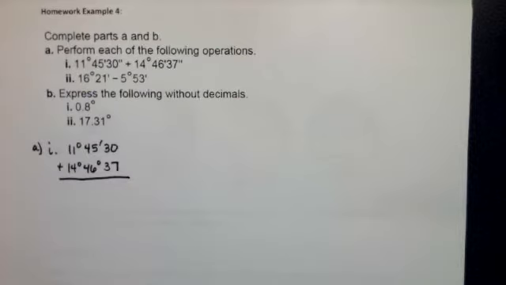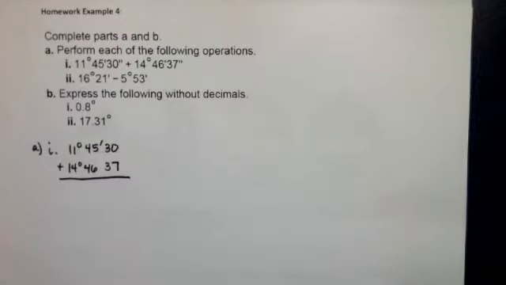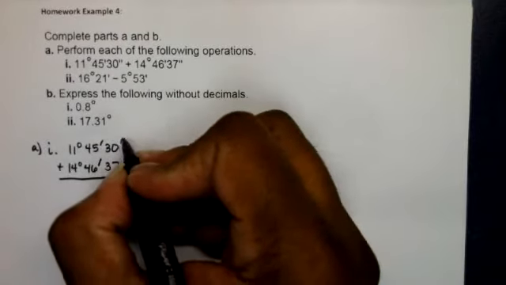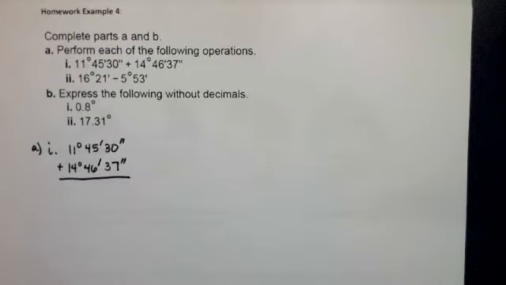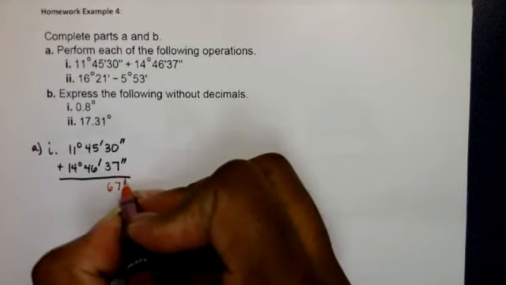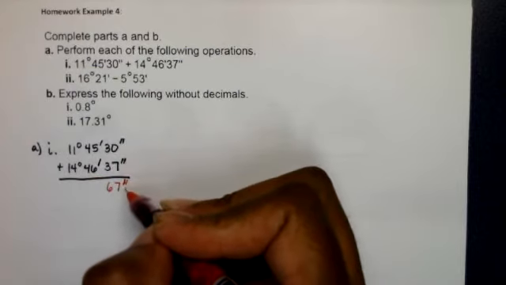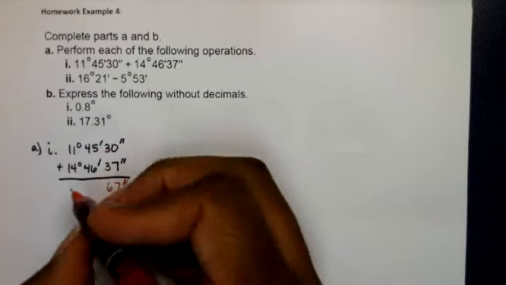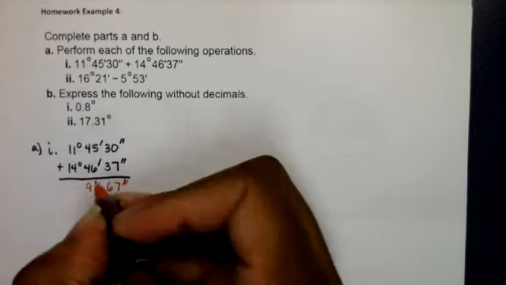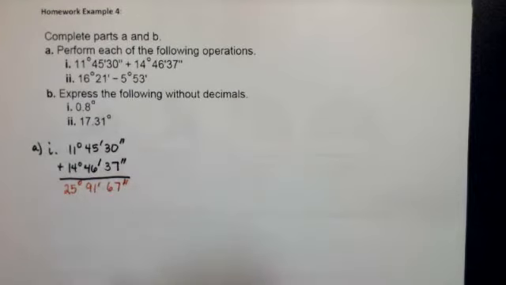And here we just add the two together, but we have to keep in mind that for every 60 seconds, it's 1 minute, and for every 60 minutes is equal to 1 degree. So if I add 30 and 37 together, that would be 67 seconds. 45 minutes and 46 minutes would be 91 minutes. 11 degrees and 14 degrees is 25 degrees.